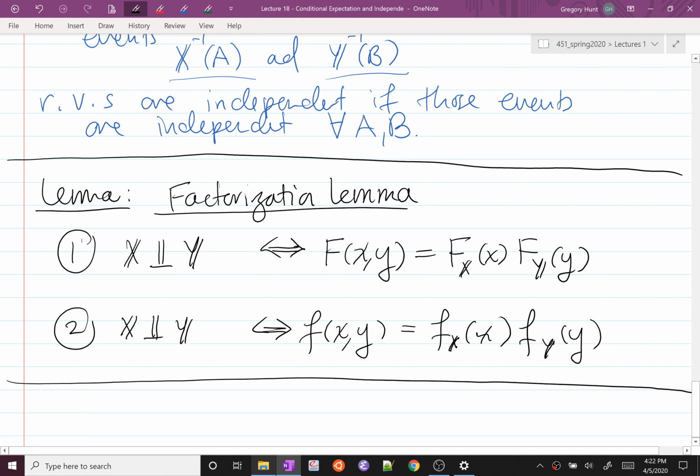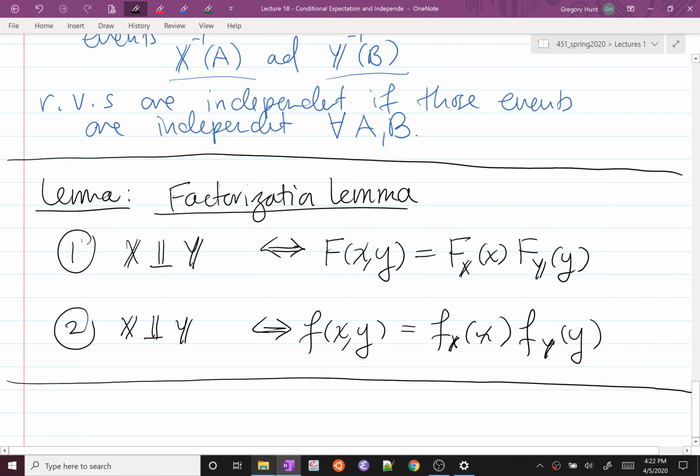So a nice little follow-on fact from this. I'm going to state that without proof. The follow-on fact is, if x is independent of y, I can look at, say, my conditional PMF or PDF, f of y given x. F of y given x, by definition, is the joint over the marginal for x.